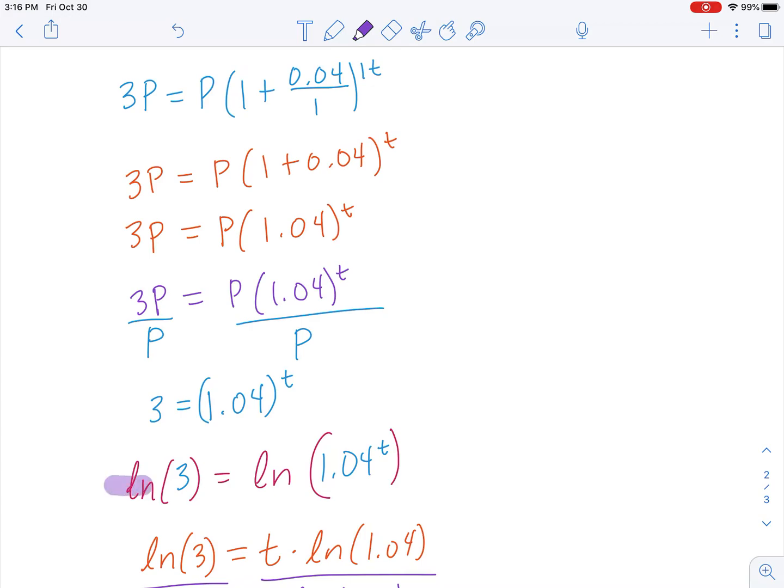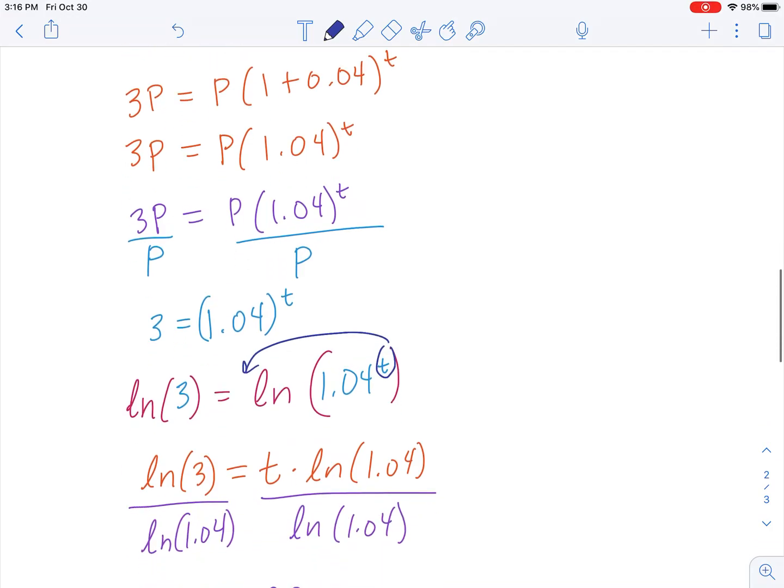And then when we get ready to take the natural log of both sides right here, we will write this as a product. We can put the t in the front as a product. And then we're ready to divide both sides by the natural log of 1.04 again.